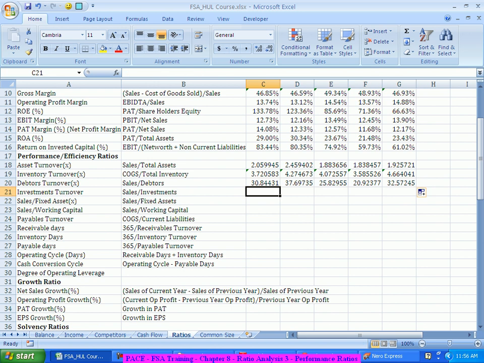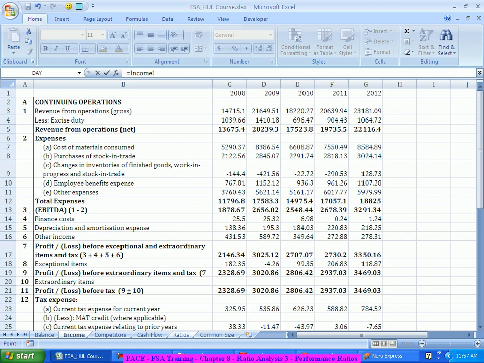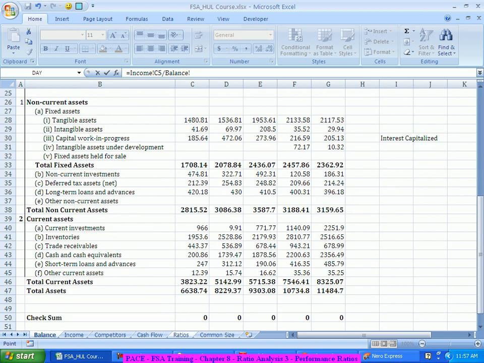Then how much is with respect to investment? Every item of the asset I am looking at, how effective it is, right? So investments I am looking at with the same logic, sales divided by investments. Which one I have to focus more on is the item here.